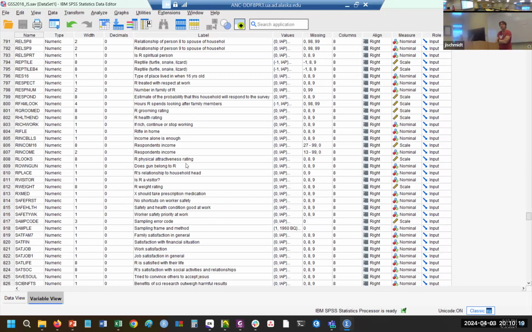Is there a way to remove the outliers? Like automatically, or would you have to go through them? That's a good question. I would have to do Googling to see. I'm sure there's a way to remove outliers.